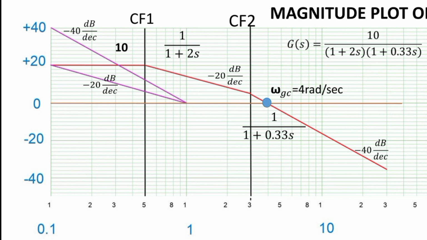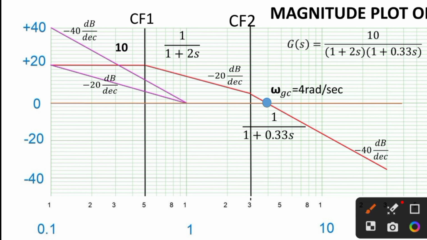So start a horizontal line. The first term in the tabular column, 10, gives the gain of 20 dB. So draw a horizontal line of 20 dB as a gain.